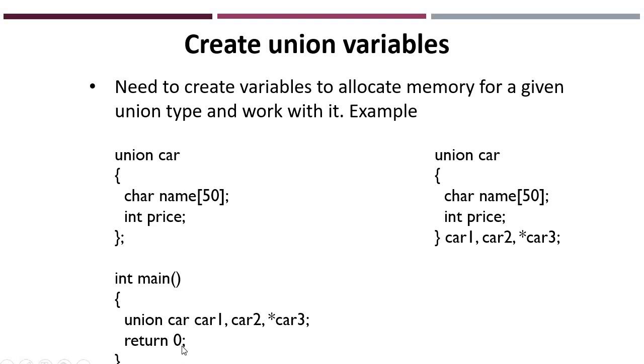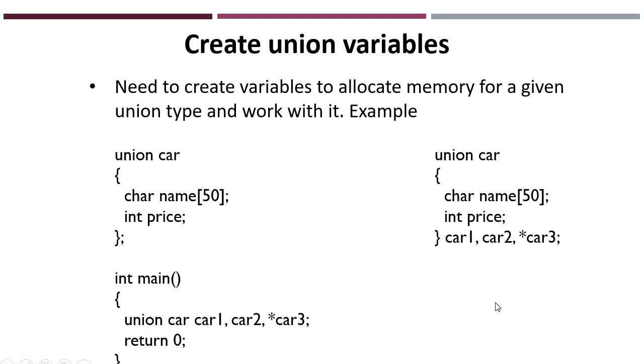This is a very simple part which only explains how to create a union. No processing statements are here, just to explain how to create union variables. We have created union car outside the main function. Inside the main function, we have created union variables just by giving different names for the objects.